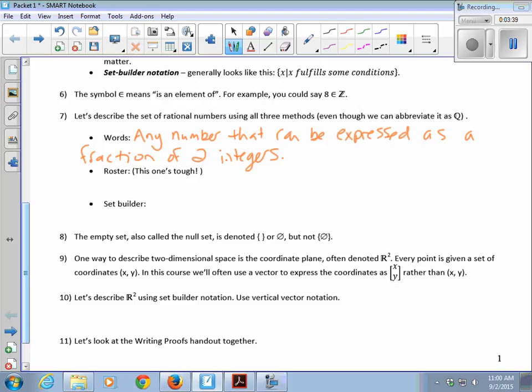All right, the roster method. This one's a little tough. If I want to write out all of the rational numbers, I want to list them. It's kind of hard. Yeah. Any ideas? I can use some dots. I mean, I obviously can't write all of them down. There's an infinite number of them. Going to be systematic about it somehow.